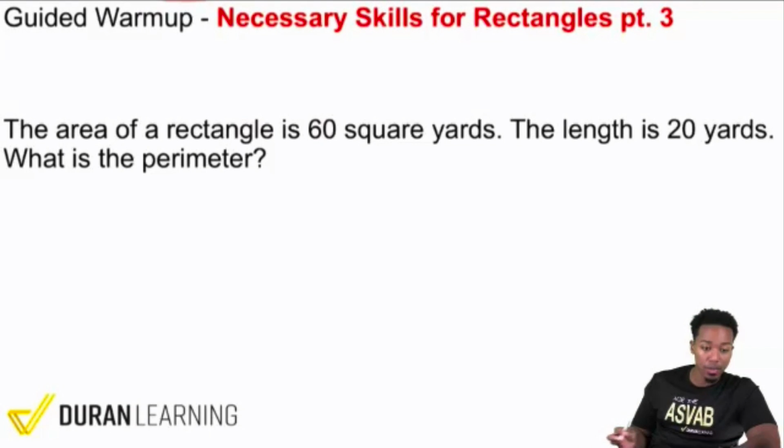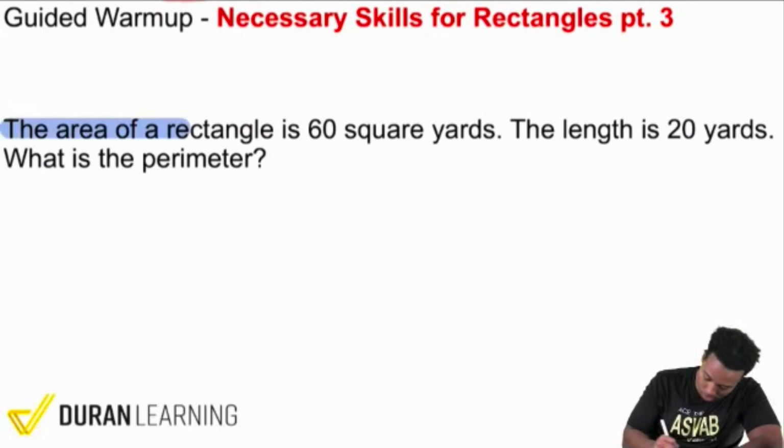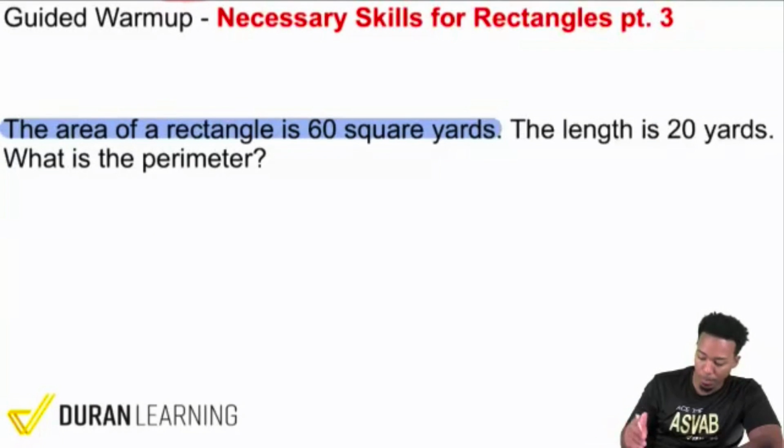The area of a rectangle is 60 square yards. Everybody, let's make sure we know the goal here. We're looking for the perimeter of said rectangle.